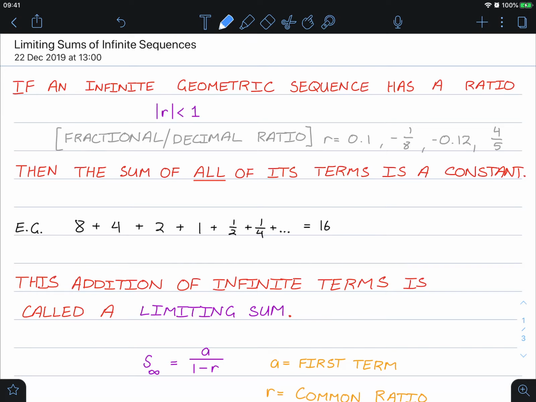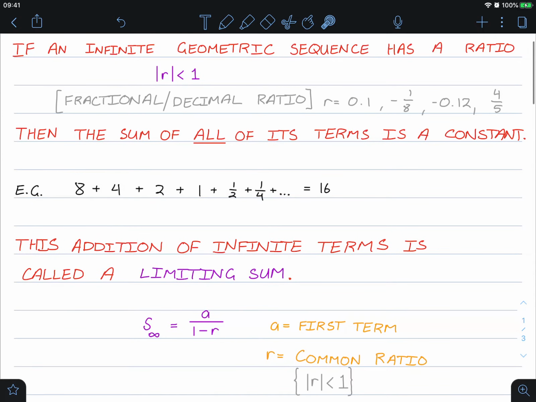Things you can't do are like 1.1, or negative 9 over 8 because that has one whole, or negative 2.12, or 6 over 5. These are not fractional ratios as they have a whole component. So this limiting sum only works with decimal or fractional ratios.